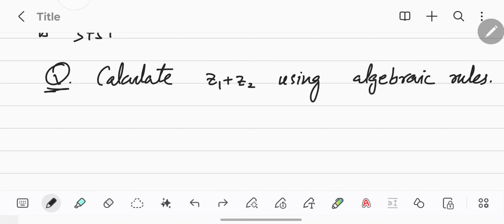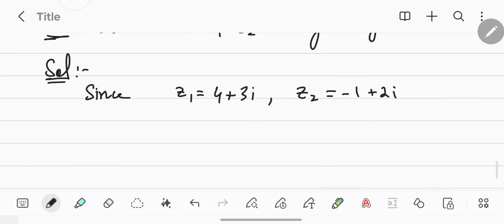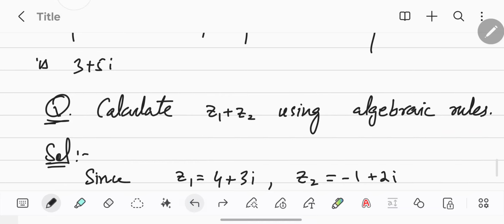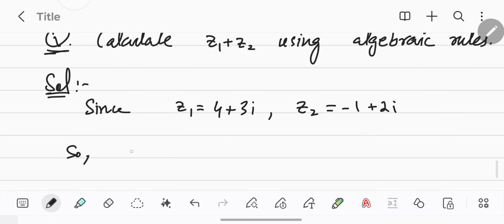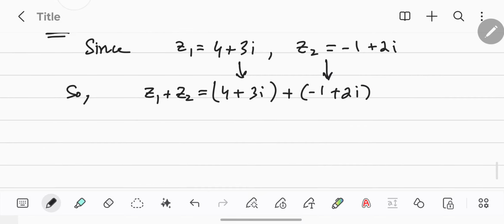Since Z1 is 4 plus 3 iota and Z2 is minus 1 plus 2 iota, we are asked to find Z1 plus Z2. So Z1 plus Z2 is 4 plus 3 iota, this is Z1, plus minus 1 plus 2 iota, which is Z2.